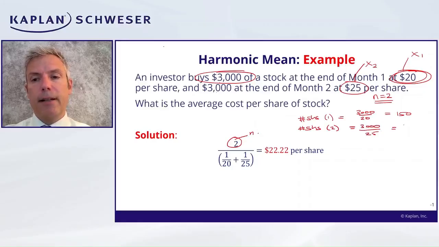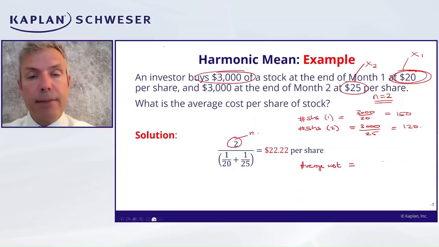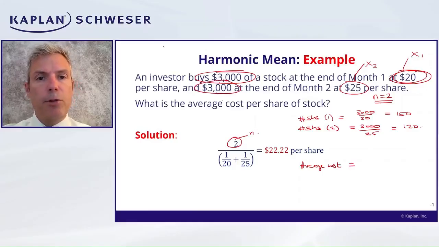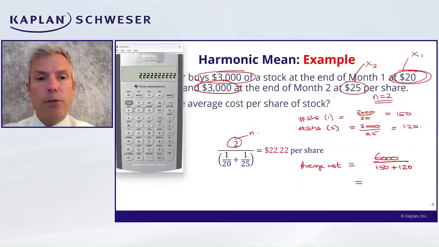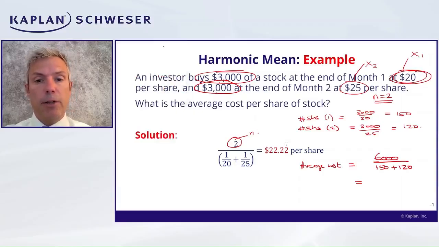I think that's 120. So then you can say your average cost. Now I wouldn't bother wasting time in the exam. This is just for understanding purposes. Your average cost is the total of what you've spent, which is 2 lots of 3,000. That's 6,000 divided by the total number of shares you bought, which is 150 plus 120. 6,000 divided by 270 on the denominator should be the number we first thought of. And reassuringly, it turns out to be that 22.22.